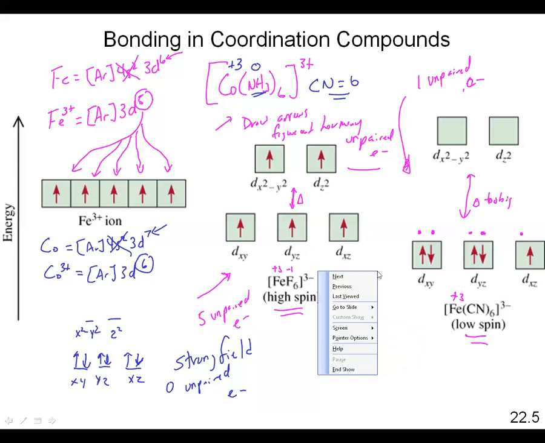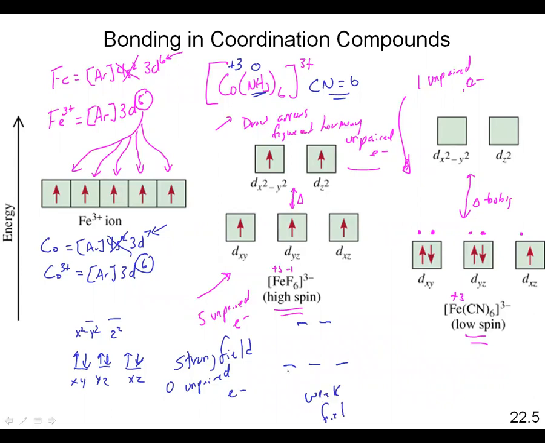And again, just to show you the difference here, if for some reason you came across a question that said don't do it for strong field, but do it for weak field for the exact same guy. And again, sometimes they may specifically tell you to do it one way or the other. If we did more of a weak field for this guy, we would end up with 1, 2, 3.